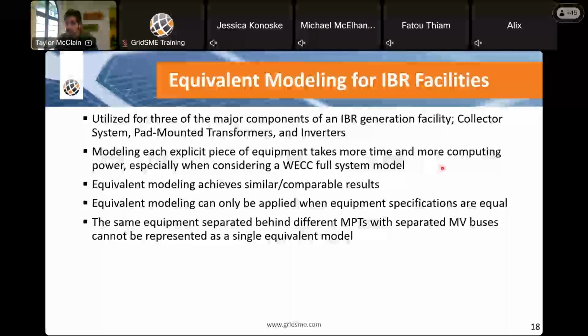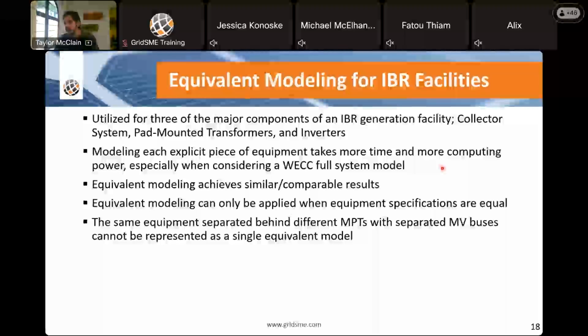And so not only is this very time consuming, but then for the actual power flow to run and solve properly, as you can imagine, there are now a large number of additional branches and lines, additional transformers, and additional generators. So the equivalent modeling approach was developed to basically achieve very similar power flow results and cut down on the effort that it takes to model these things, and then further allow them to be modeled in a full system without taking up too much computing power.